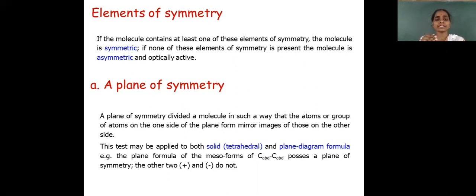Just consider this is a molecule; when I pass a plane here, this half shows the mirror image. That is a plane of symmetry, and it shows optical activity, which can be represented with the plus and negative sign.